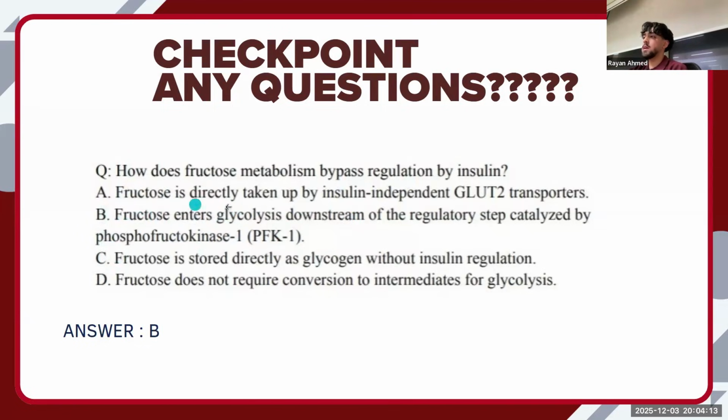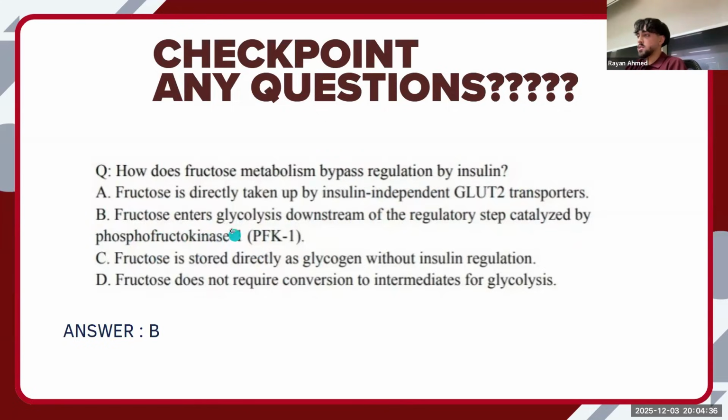So A, fructose is directly taken up by insulin-dependent glucose transporters. We literally said fructose is independent of insulin. It does not need insulin. Then we also have fructose enters glycolysis downstream of the regulatory step catalyzed by PFK1. It literally bypasses PFK1.